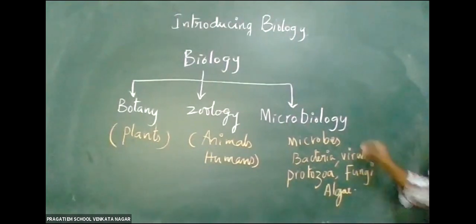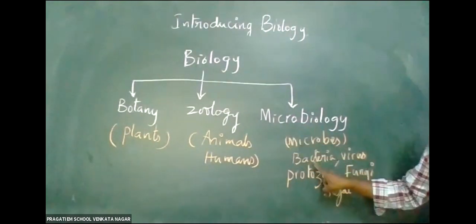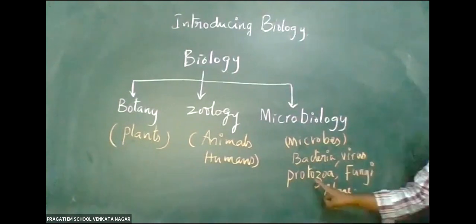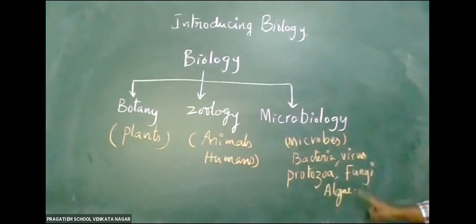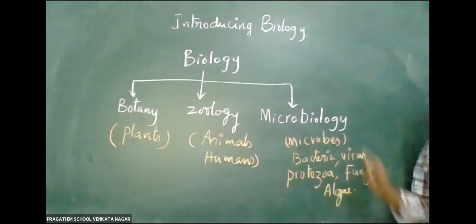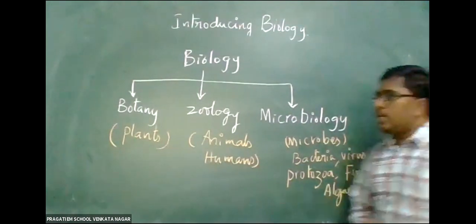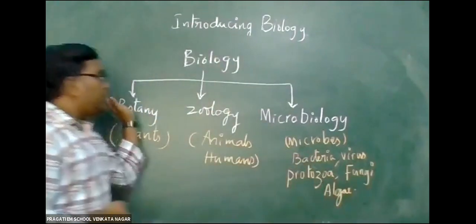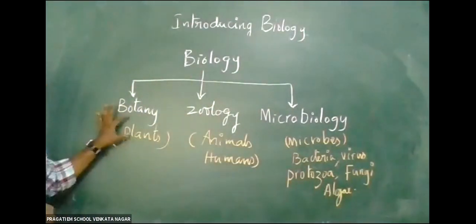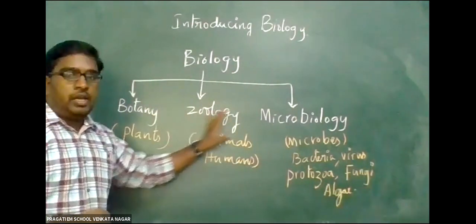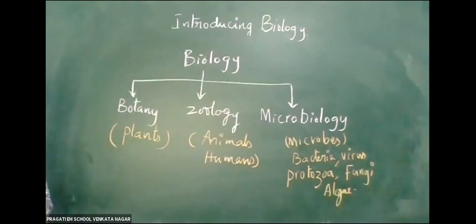What are the microbes? Bacteria, virus, protozoa, fungi, and algae are called microbes. Okay, children. So these are the branches of biology: botany, zoology, microbiology. These are very important branches. Let us see another slide.